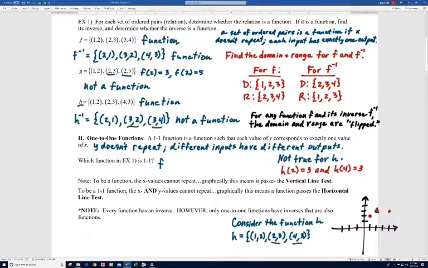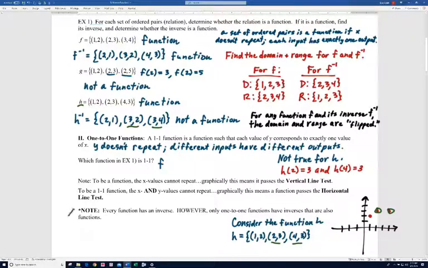And notice what's happening on the graph. Those points lie on a horizontal line. So the way to test for a one-to-one function is to use the horizontal line test. So if a graph does not pass the horizontal line test, then it's not a one-to-one function.